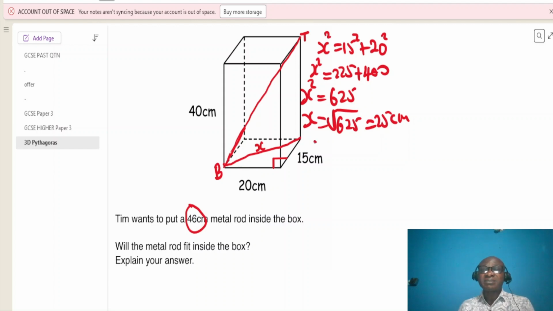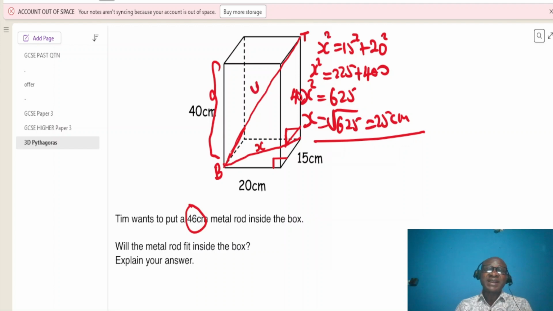I can now, from here, this place also is 40 because it is opposite the height of the box, meaning that at this point there is another 90 degrees. Okay, in this 90 degrees, I have here as 40 and this place as x, which is calculated to be 25.